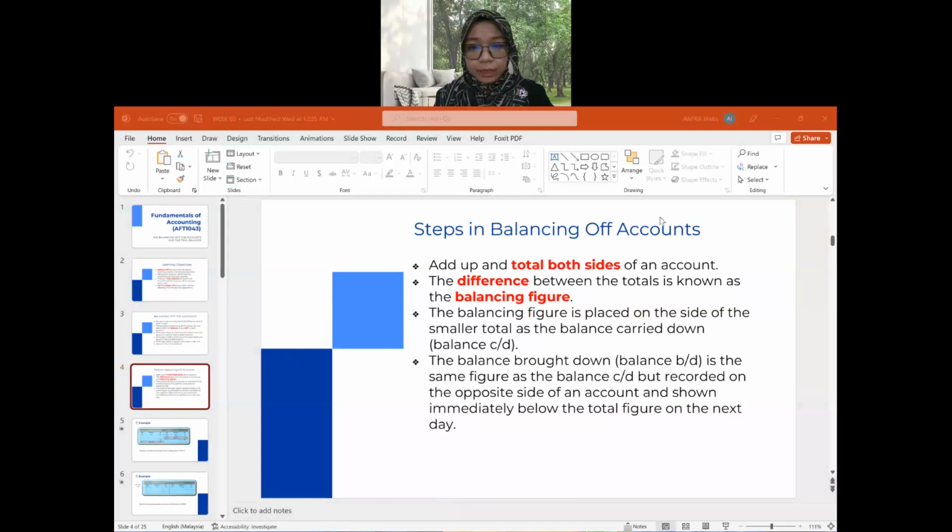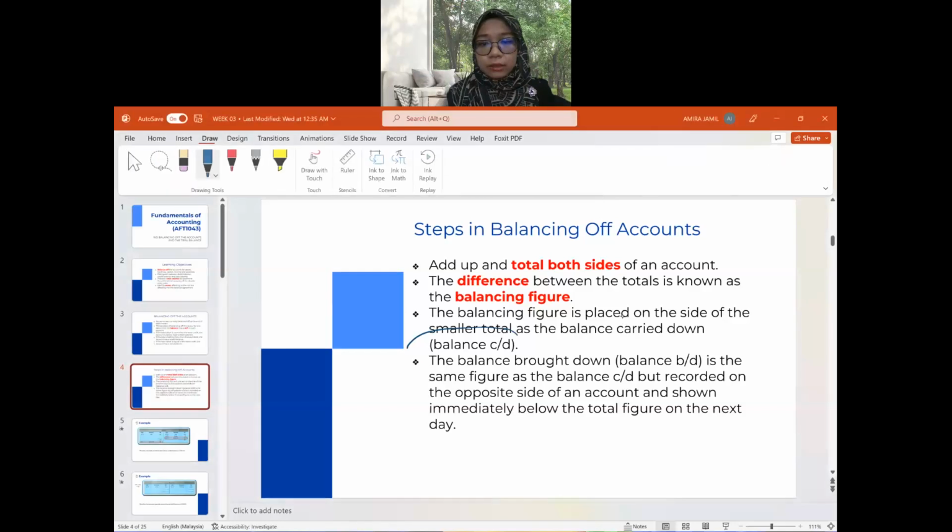This is the step: add up and total both sides of the account, debit and credit, and then we figure out the difference. The difference is the balancing figure, meaning it is the balance CD, or balance carried forward.